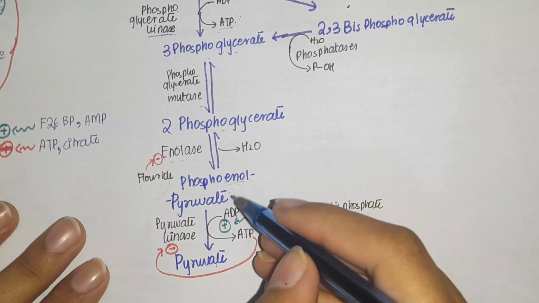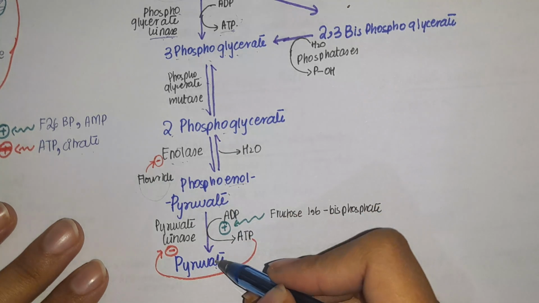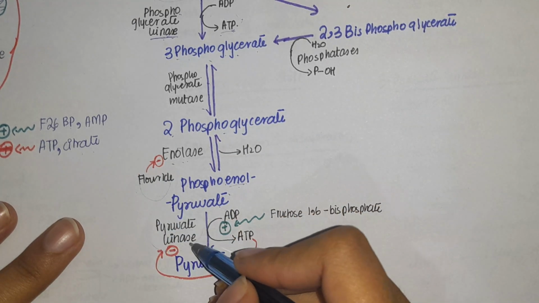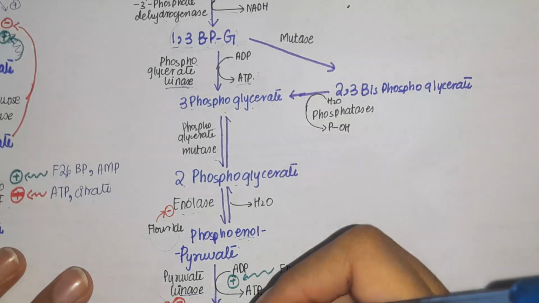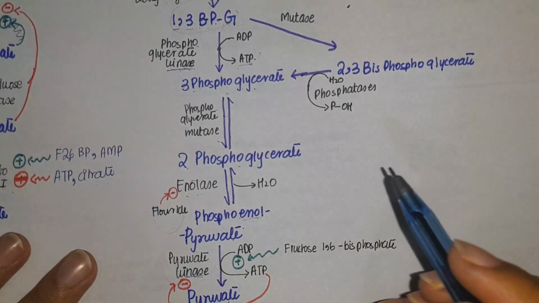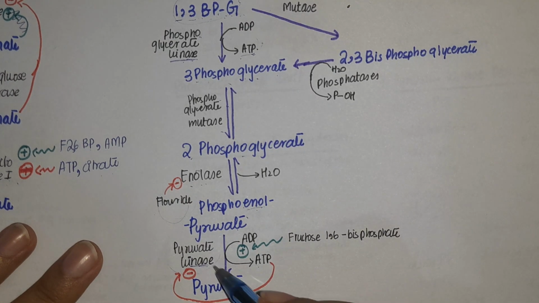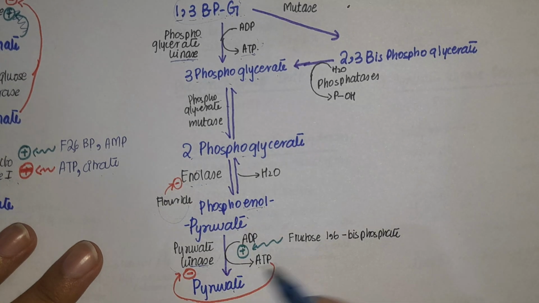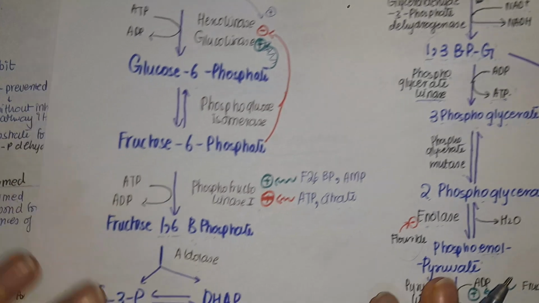Now the last step is very important but very simple. The phosphoenolpyruvate gets converted into pyruvate by pyruvate kinase. The enzyme over here, you can also see, is another kinase. So whenever there is a kinase in the glycolysis pathway, what do we get? We get ATP produced. So pyruvate kinase produces ATP in this reaction, and this step is supported by fructose 1,6-bisphosphate. What is this fructose 1,6-bisphosphate?